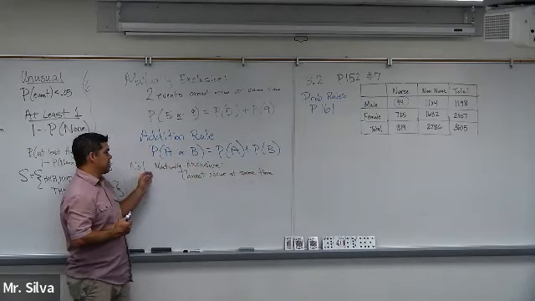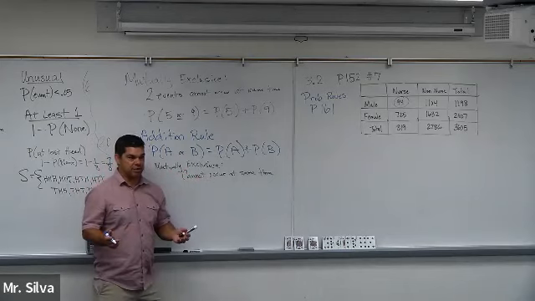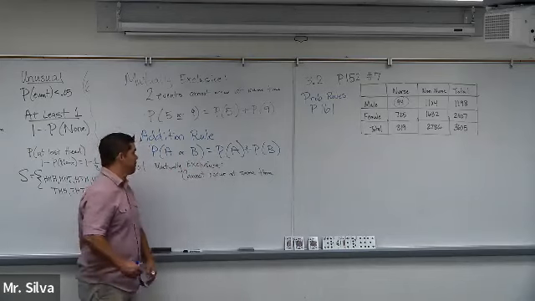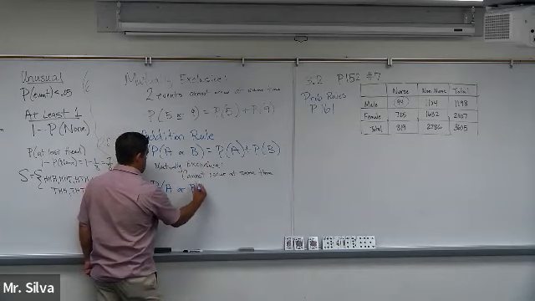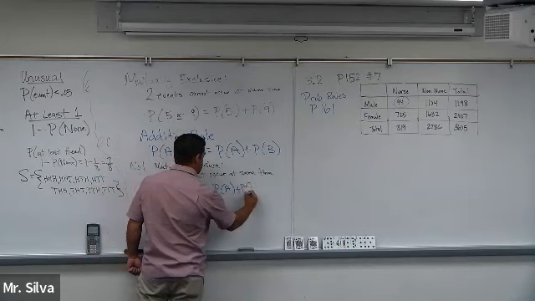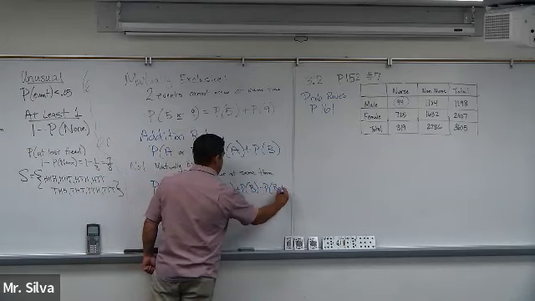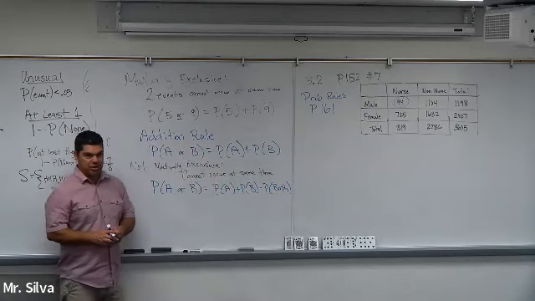So the addition rule doesn't apply. Well, it does, it's just a modified addition rule. The probability of A or B equals probability of A plus probability of B minus probability of both. I'm just going to use the word both. It says A and B, both A and B occurring.